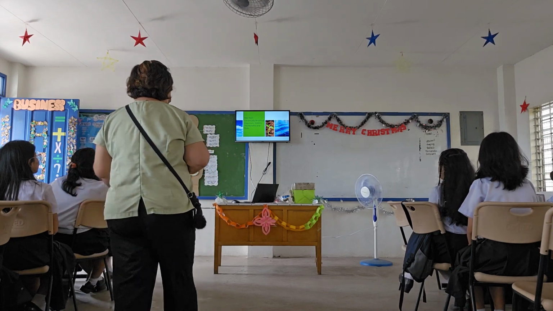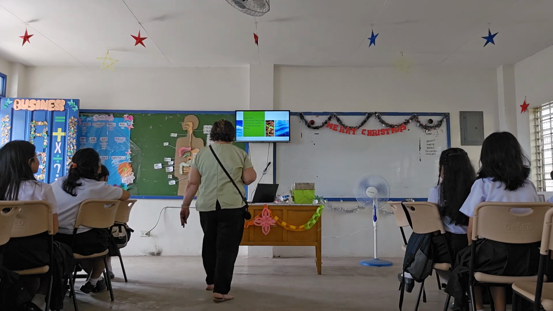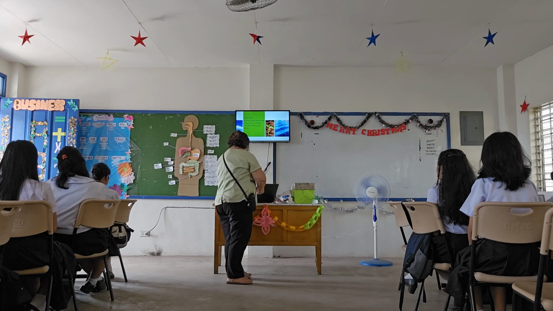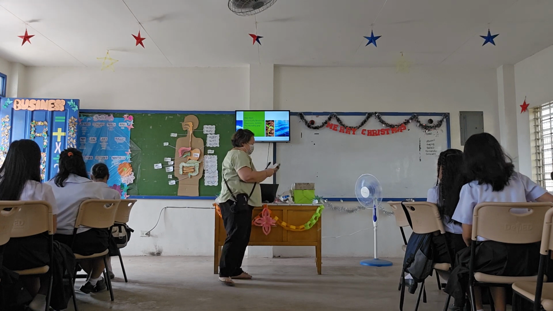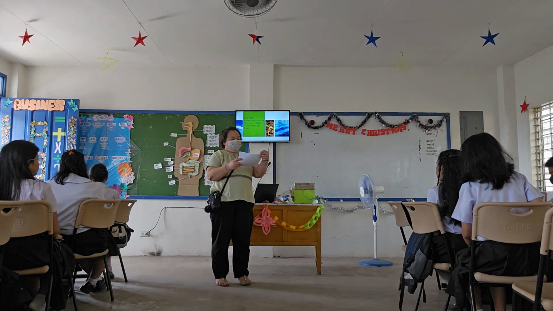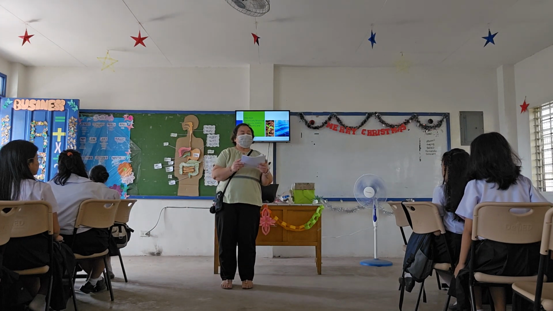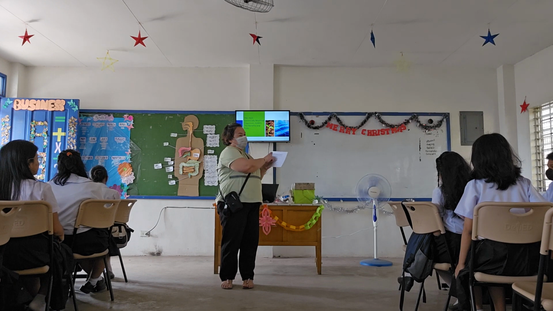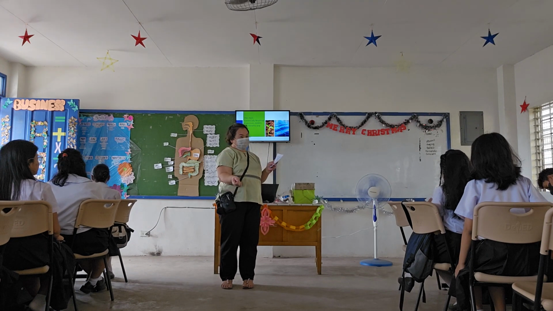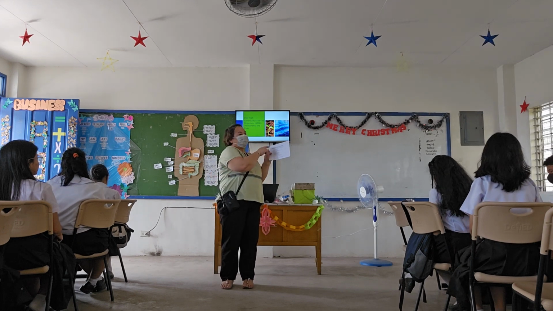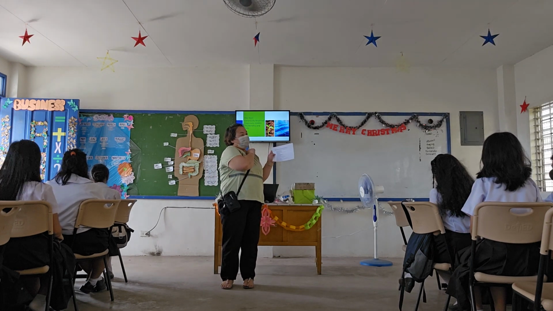But before we go to that, we are going to have the pre-test. I'm going to give you a pre-test first. This is only easy. This is a 5 points multiple choice test. What you need to do is write your name and the date today, and then you're going to paste it in your notebook. You're going to encircle the correct answer.